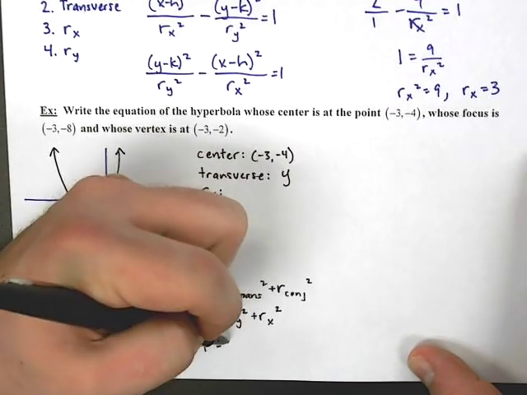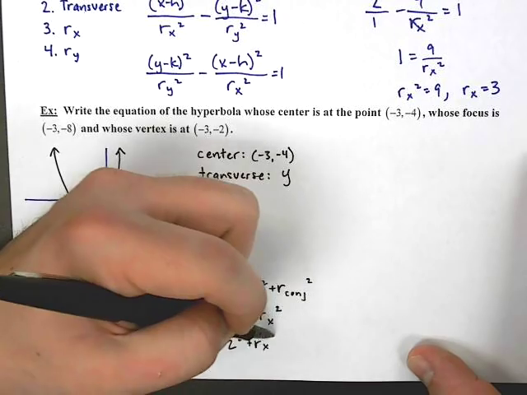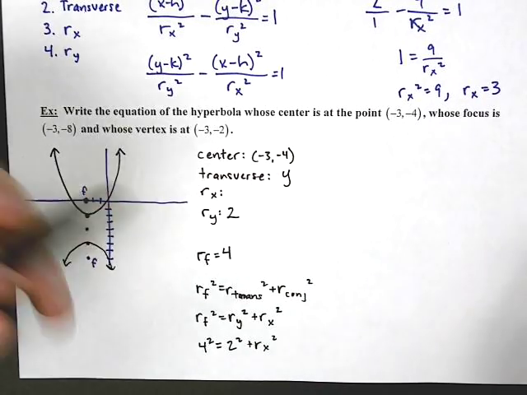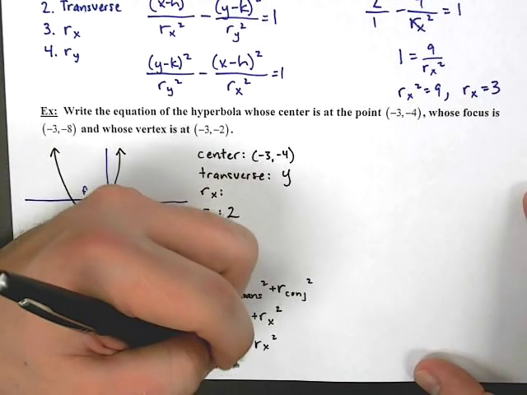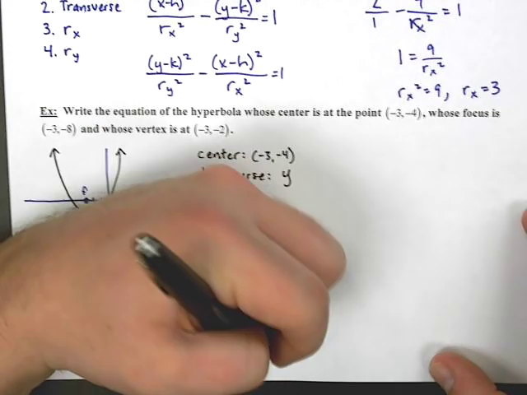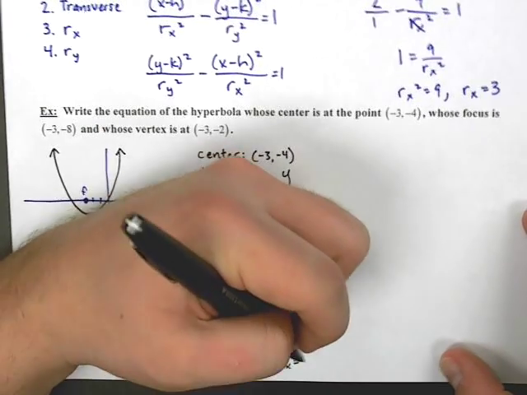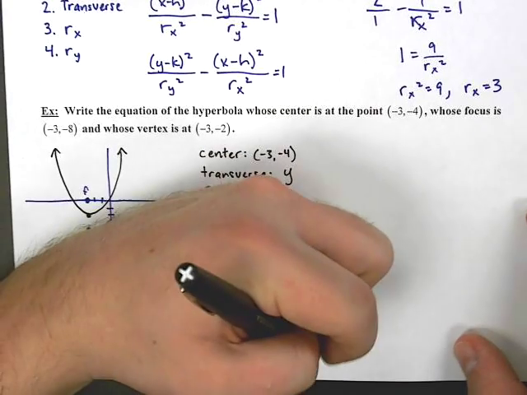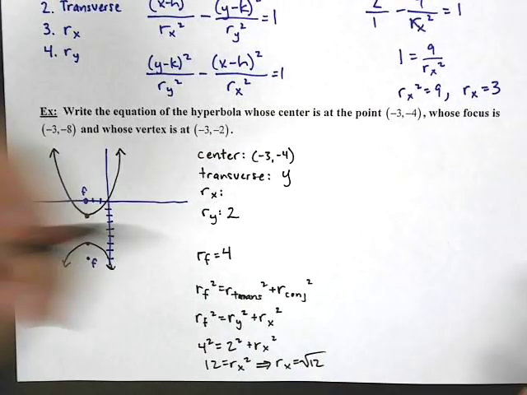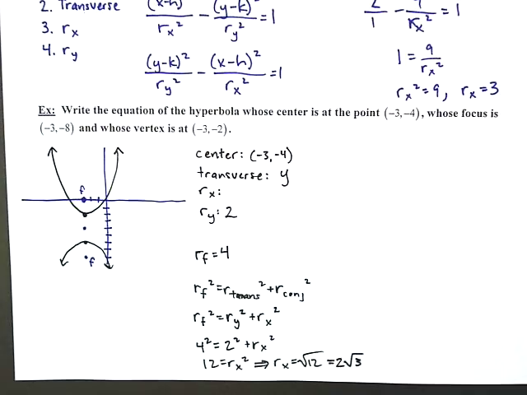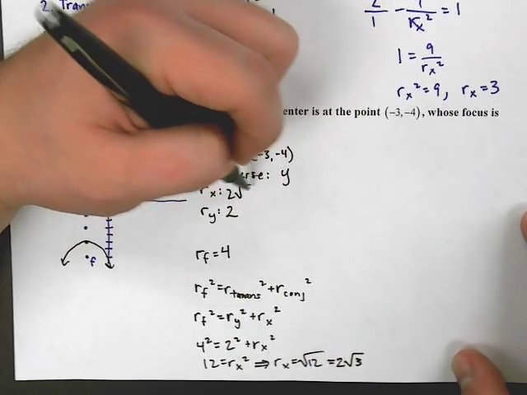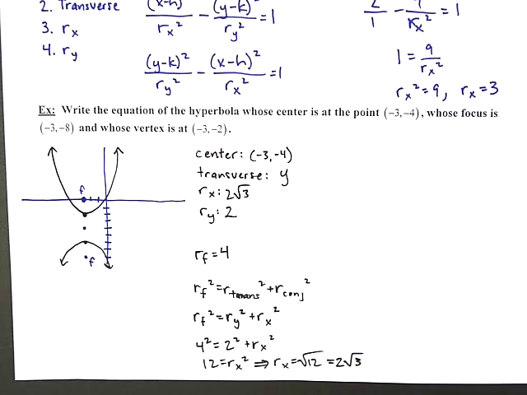We know this is 2 squared plus r sub x squared. I'm going to skip a little bit. 16 minus 4, so we have 12 is equal to r sub x squared, or r sub x is equal to square root 12. And just remember that we would simplify that to 2 root 3. All right, so now we know that r sub x is 2 root 3.